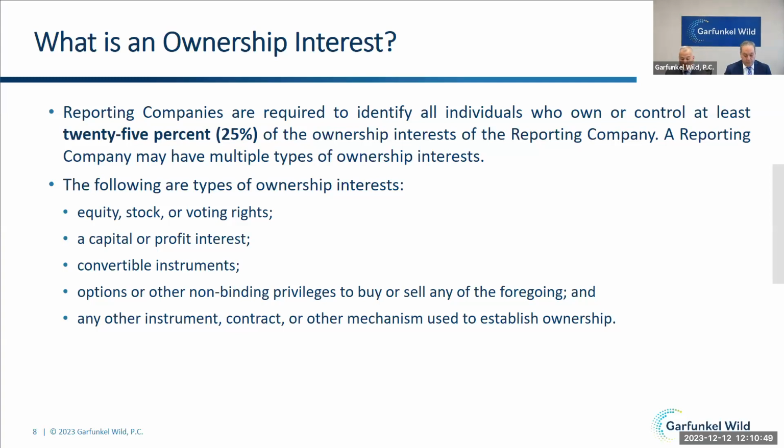So the following are types of ownership interests: equity, stock, or voting rights, a capital or a profits interest, convertible instruments, options or non-binding privileges to buy or sell any of the foregoing, or any other instrument, contract, or other mechanism used to establish ownership.